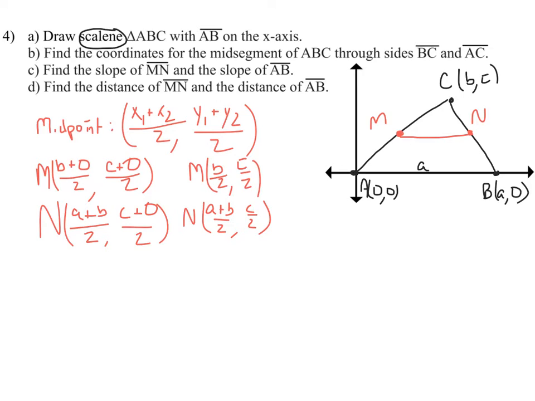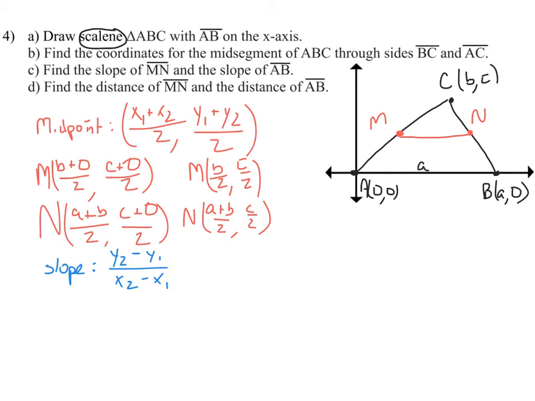Those are the coordinates of our endpoints for the midsegment. In part C, we want to find the slope. If you remember the slope formula, we subtract our y's, so y2 minus y1, over x2 minus x1.